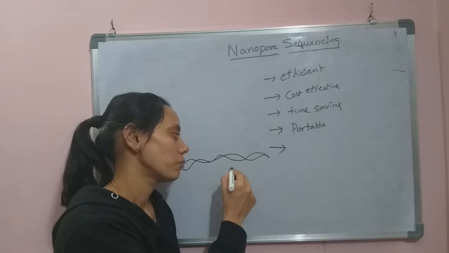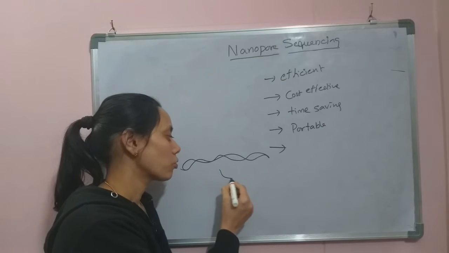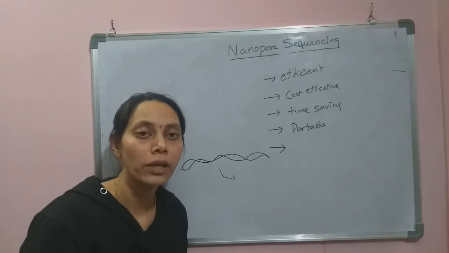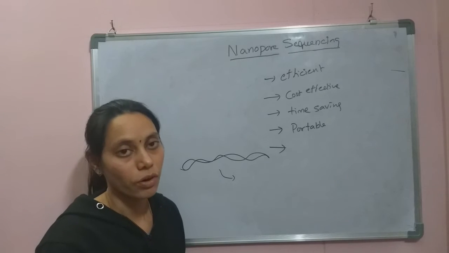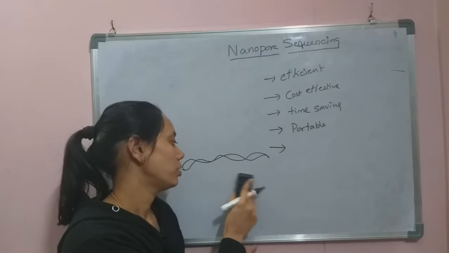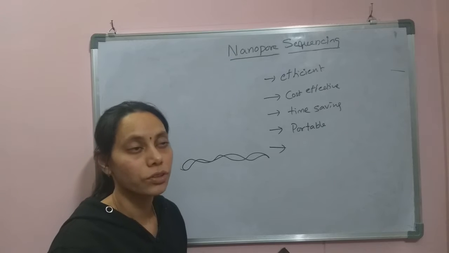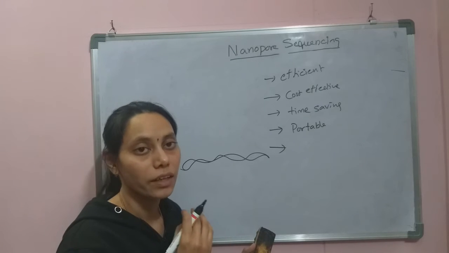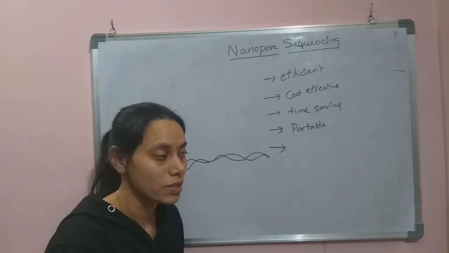We need not go for cloning into vectors or prepare a genomic DNA library, and we need not fragment it or go for PCR amplification. All these tedious processes are omitted in the case of nanopore DNA sequencing.